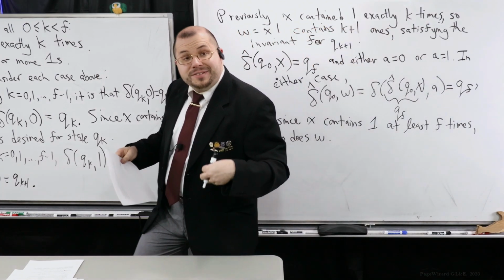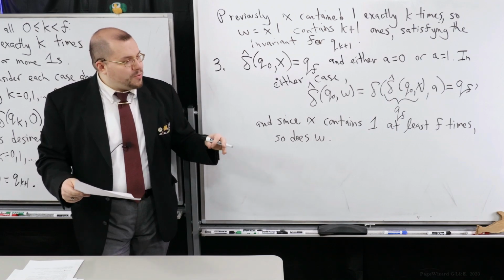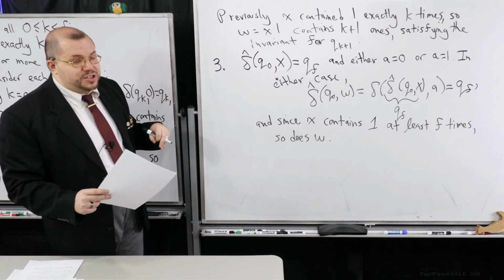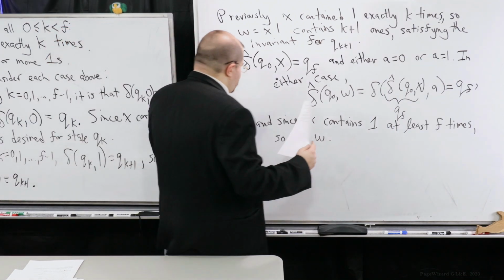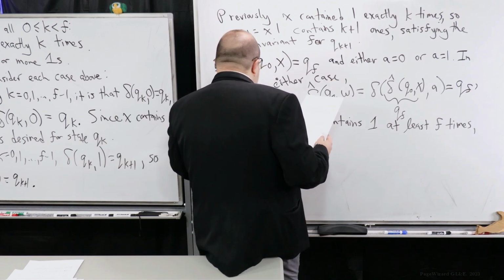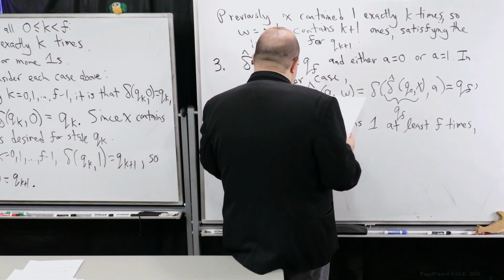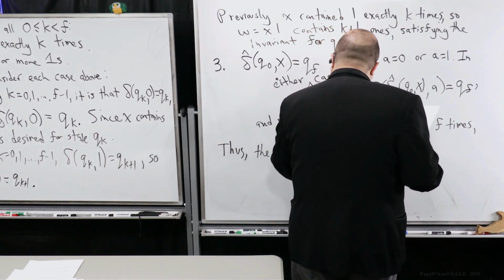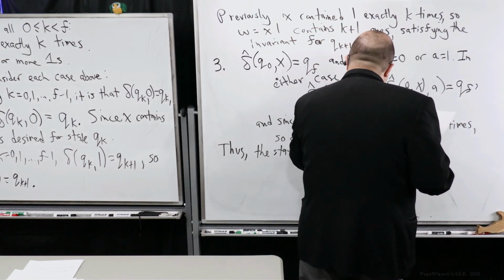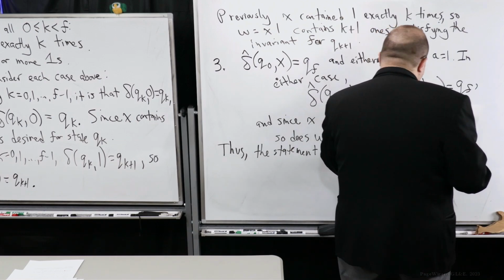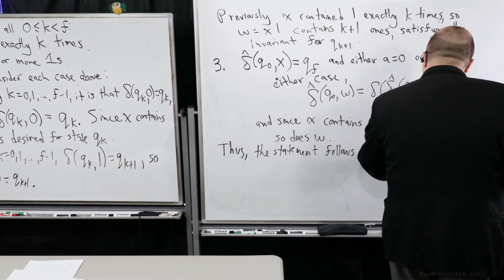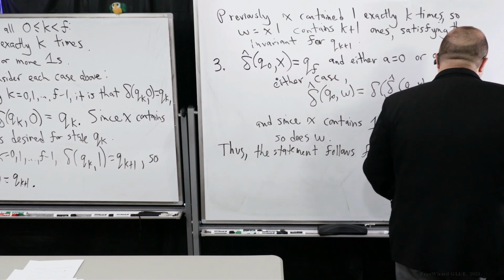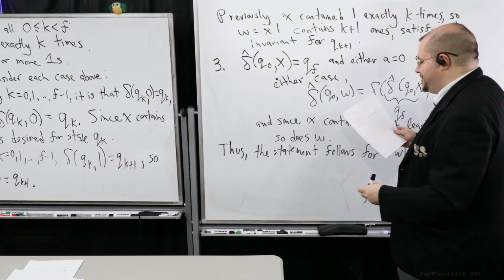So now all we have to do is conclude the induction step, because now we've considered all the possible situations. Thus, the statement follows. The statement follows for when the length of the string is equal to n plus 1, regardless what W is.